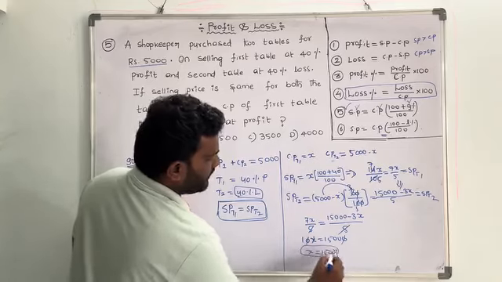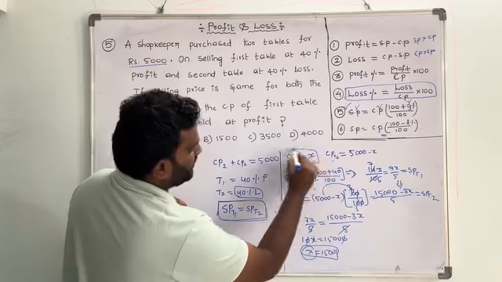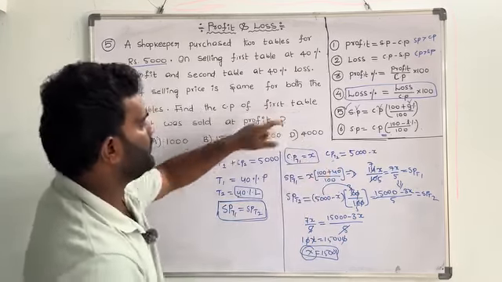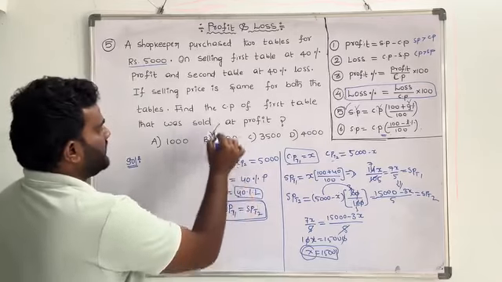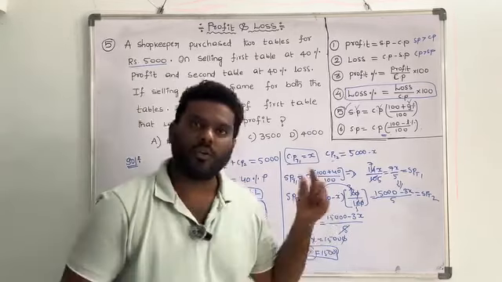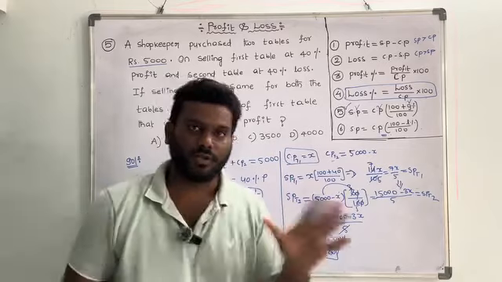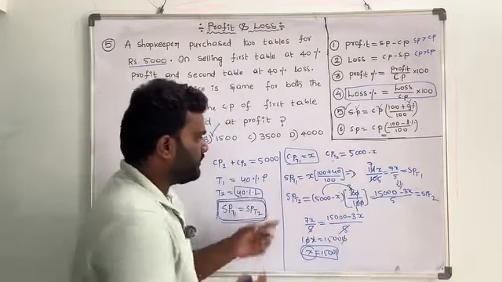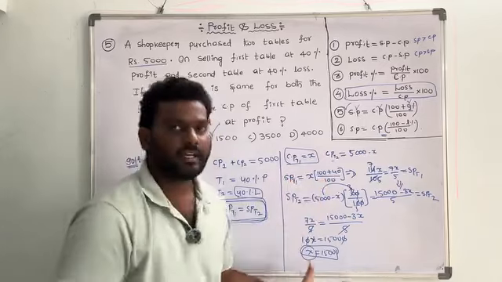Okay, what does x indicate? Cost price of table 1. That is what we have to find, the cost price of first table. So the answer 1500 is the right answer. This is the only method we have to solve this. There is no shortcut method for this. Since they have given this condition, we need to make both the selling prices equal.